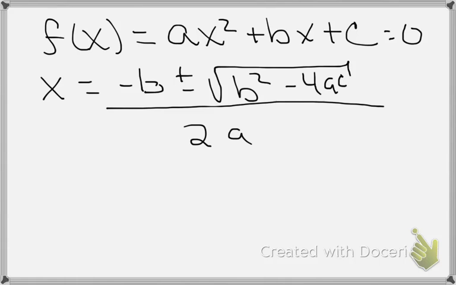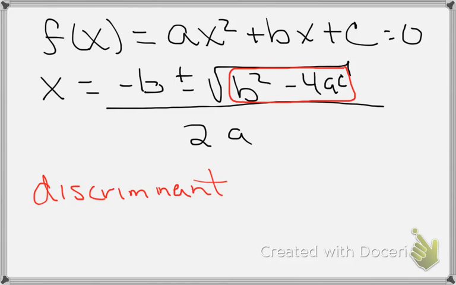Now this portion of the formula over here underneath the radical is what we call the discriminant. And so the discriminant is b squared minus 4ac.